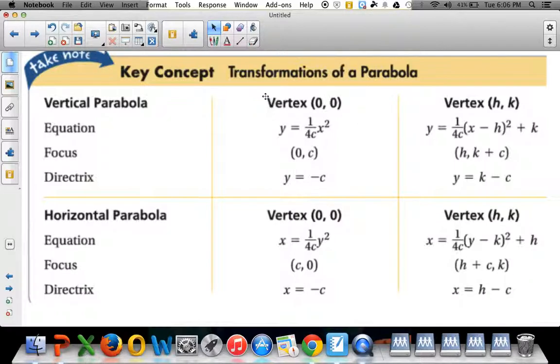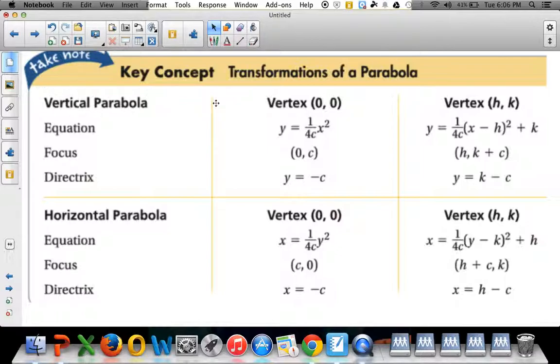This sheet of paper right here, this slide should be given to you. You need to use this to complete today's lesson and to complete the homework. You will also be given this on the quiz and on the Chapter 10 test. Make sure you know how to use these charts.